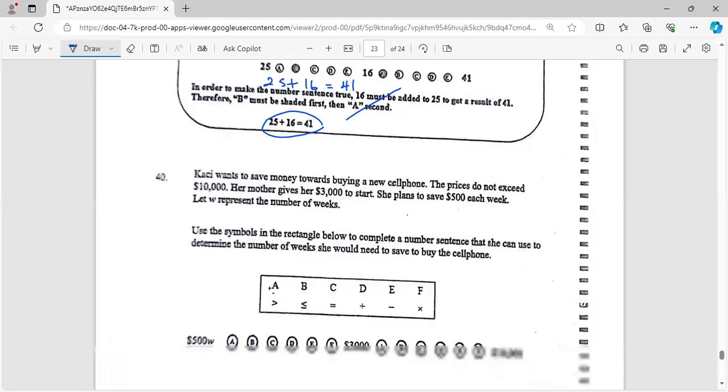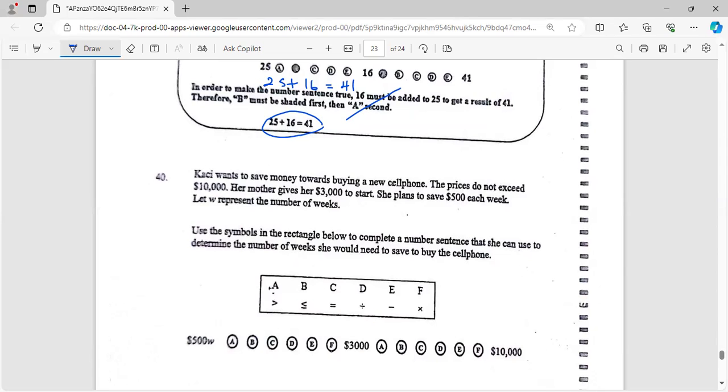Alright, this one now says Casey wants to save some money towards buying a new cell phone. The prices do not exceed $10,000. Her mother gives her $3,000 to start. She plans to save $500 each week. Let the double represent the number of weeks.